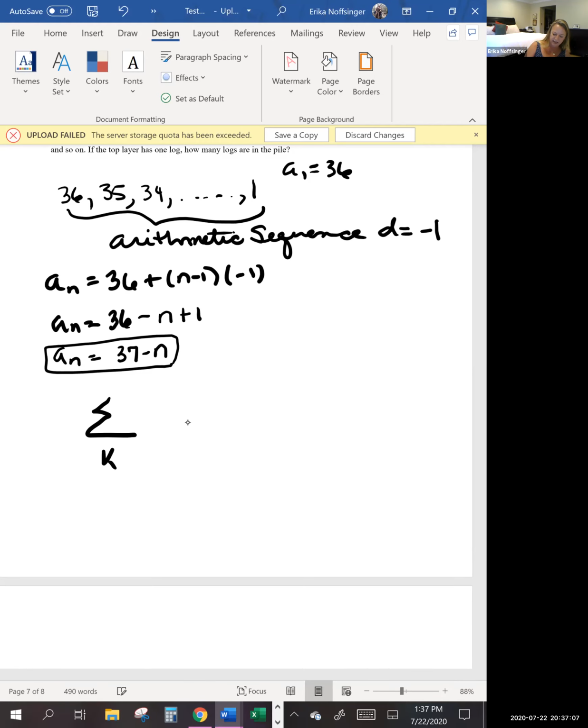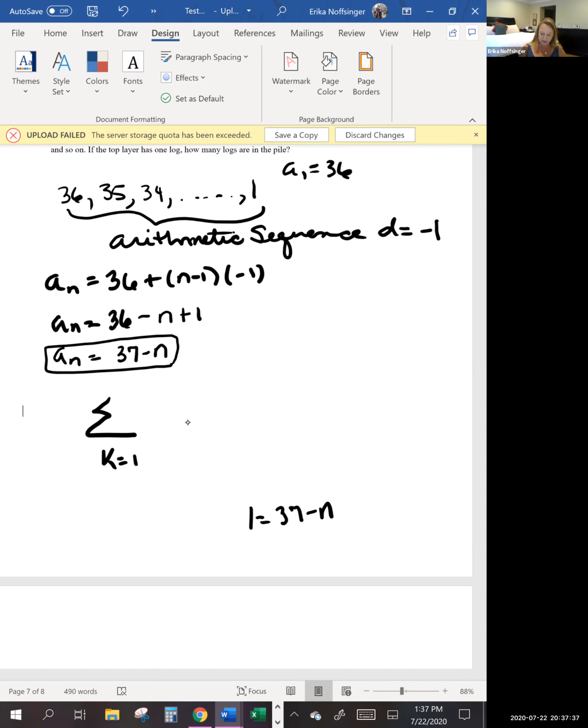So we have k equals 1, and we're going to the last row. The last row is going to have only 1 log in it. If we put in 1 log, let's figure out what n is there.